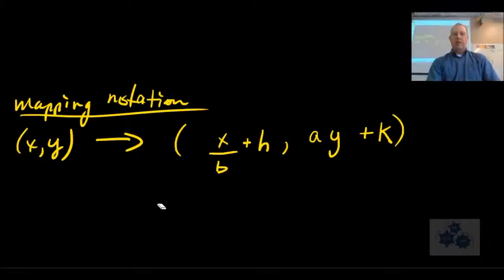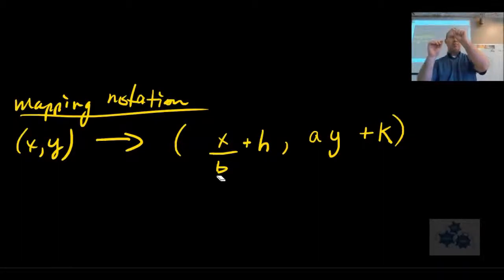So I'm just going to revisit the mapping notation. If you have an original graph that is x, y, the parameters a, b, h, and k can then be applied to the x value this way. It would be x divided by b. So any x value in the original graph, you would divide that by b to get a new x value, and then you would add h.